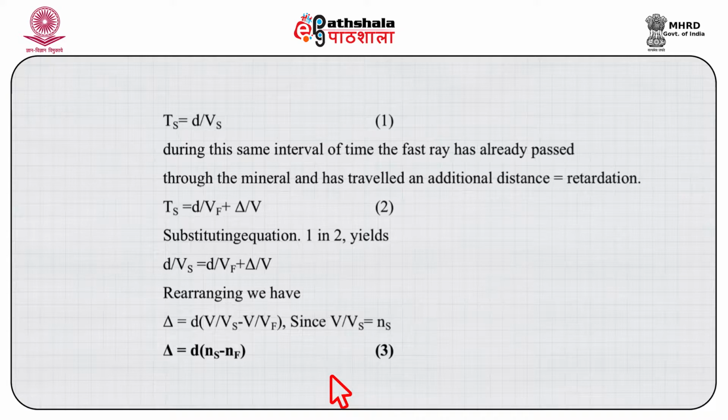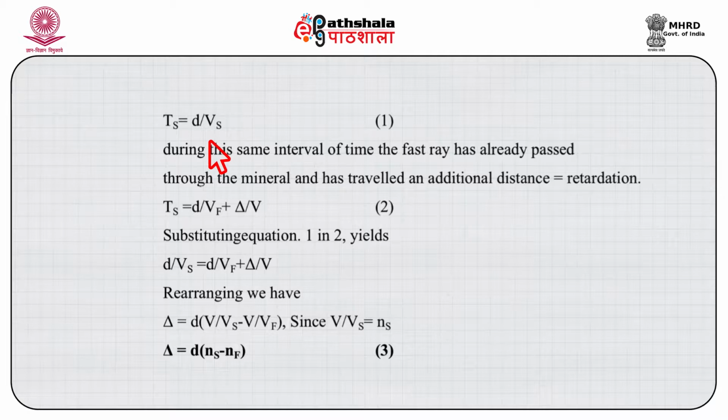So, considering this, the time taken by a slow ray to pass through an anisotropic mineral is Ts equal to d by Vs, that is, the thickness of the mineral divided by the velocity of the slow ray.